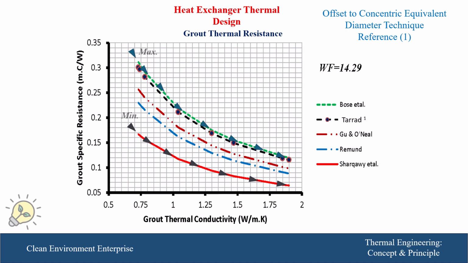model number 1, which is the offset to concentric equivalent diameter technique that is described in reference number 1. Here we have WF equal to 14.29, and the results are compared with other investigators.